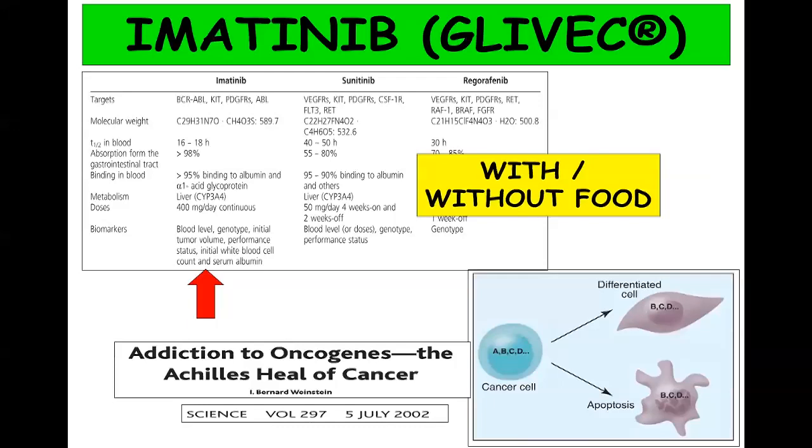On the right side of the slide, you have the cancer cell with different oncogenes A, B, C, D. And in case of the disappearance of oncogene A, the cell is so linked to this oncogene that when this oncogene disappears, the cancer cell transforms into a differentiated cell and leads to apoptosis.